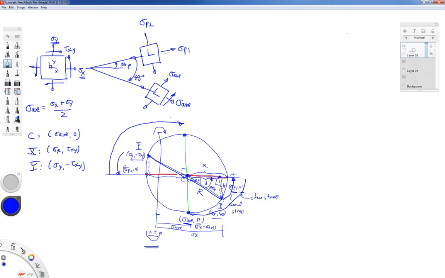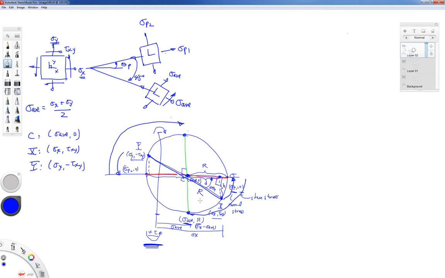Look what happened to the x point. The x point started off with a positive tau because we're on the bottom side of the Mohr circle. I went and got to zero shearing stress by touching this horizontal axis, and then I reversed direction and brought that point down to the bottom of the circle, and I'm still on the positive side of the tau axis.